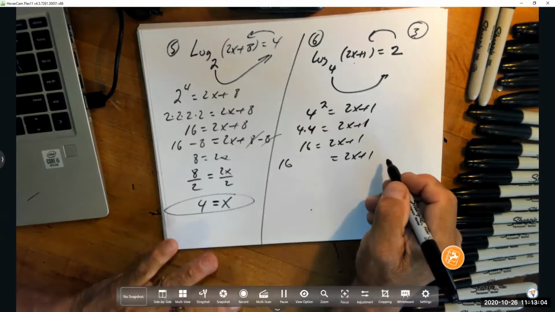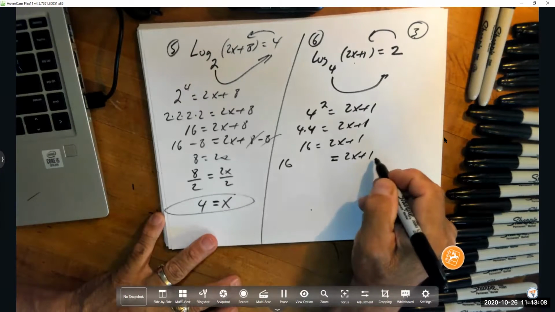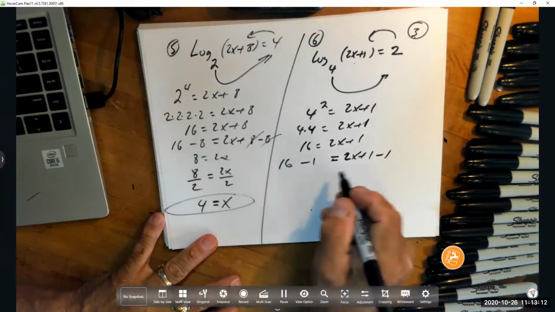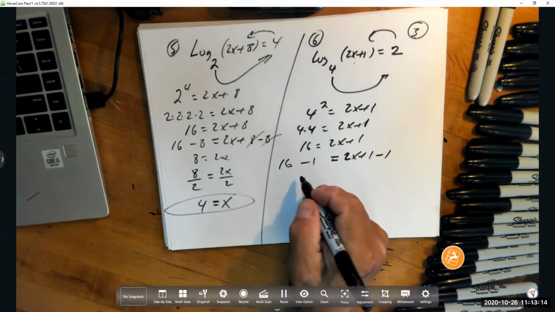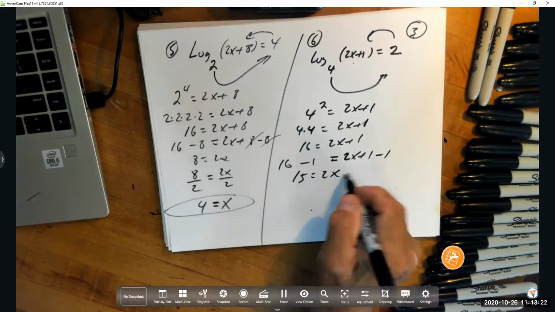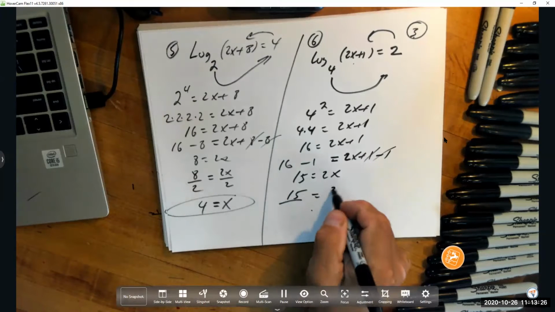What do I subtract from both sides? Minus 1, minus 1. So on the left side, 16 minus 1 is 15. 15 equals 2x. Then one more step. Divide by something.